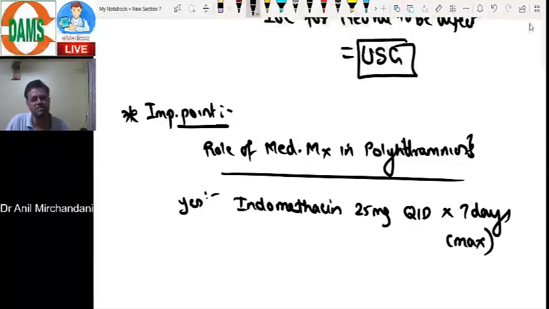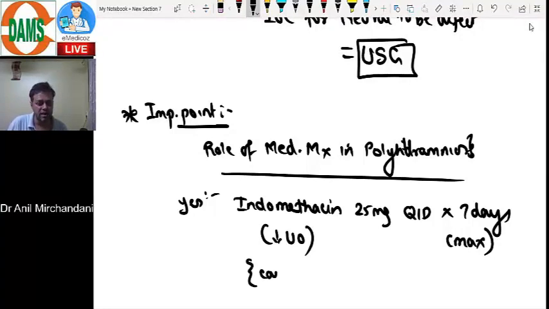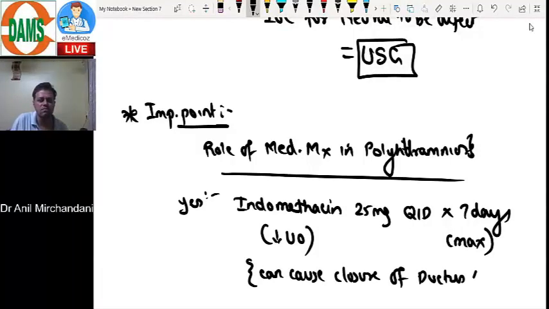This can be given in a case of polyhydramnios, especially idiopathic polyhydramnios. The urine output would reduce and hence there will be less amount of amniotic fluid. But beware, indomethacin can cause closure of ductus arteriosus.